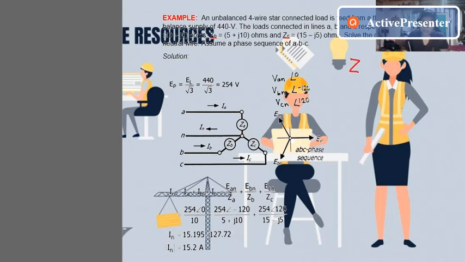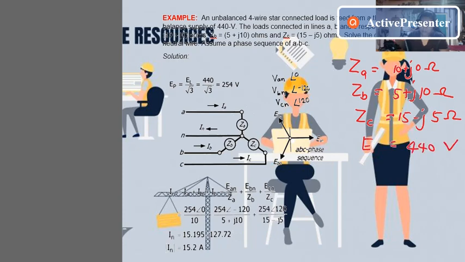Assume a phase sequence of A, B, C. So we have given ZA, which is 10 plus j0 ohms, our ZB is 5 plus j10 ohms, and ZC is 15 minus j5 ohms, and our voltage is 440 volts.